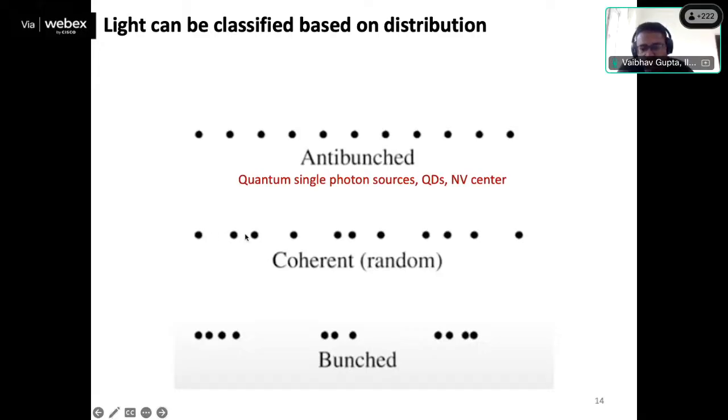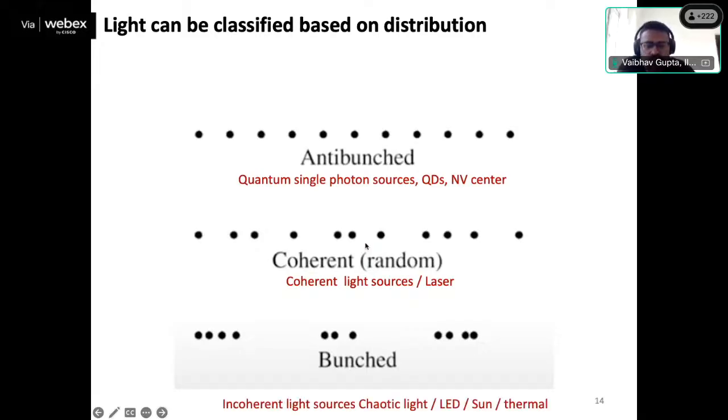So they are not equally spaced, and these kinds of light sources are called coherent light sources or laser light sources. And when I say it's random, it's not a random distribution, they have a Poissonian distribution. And the last one is bunched light source, and they are incoherent light sources like thermal light source, LEDs, all that. So based on the distribution, light sources are divided into 3 categories.